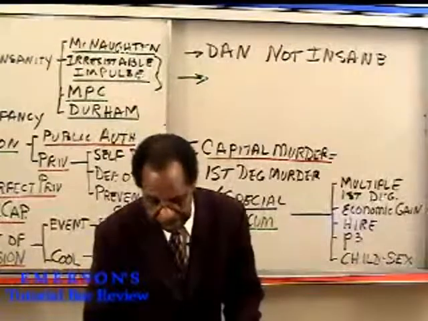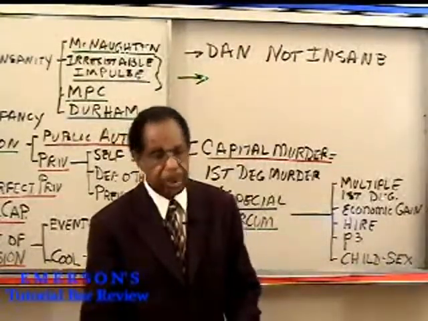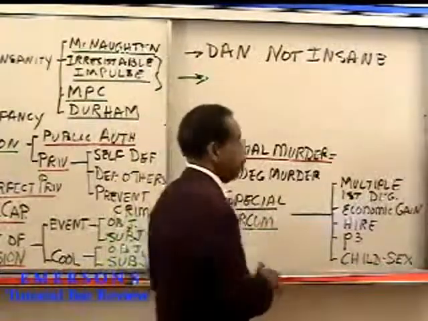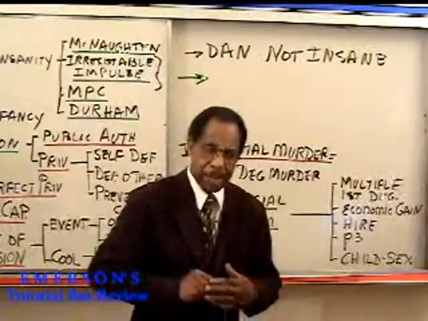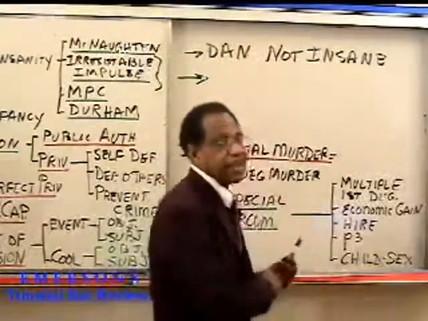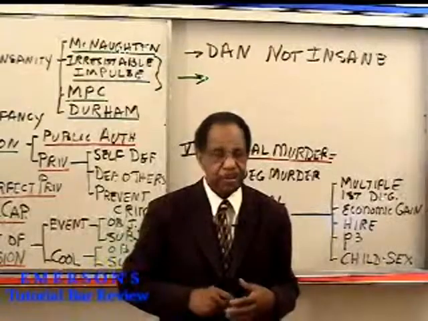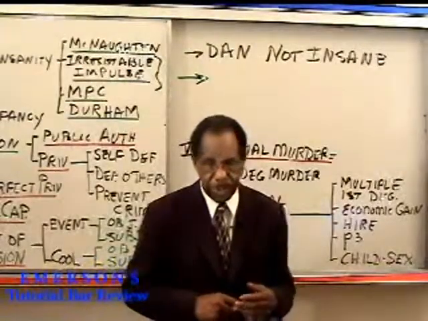I could not stop myself, unable to control my conduct. And so this may be. And what evidence do you have? You get maximum points if you drag in all the evidence you can find that maybe this guy was unable to control his conduct. What evidence do you have?